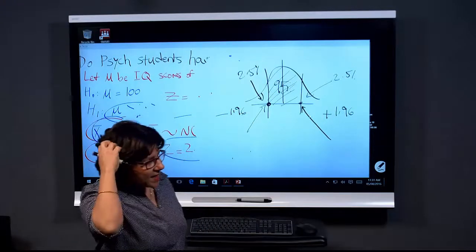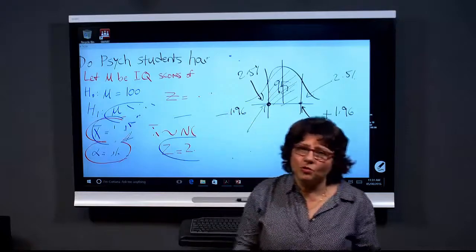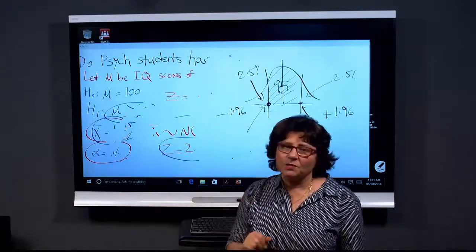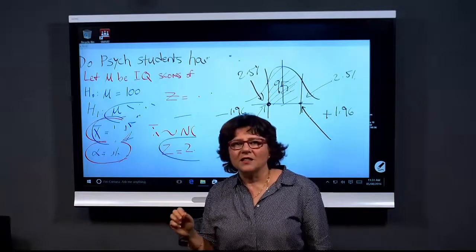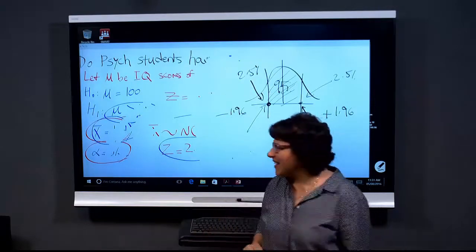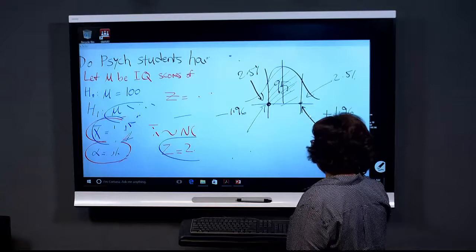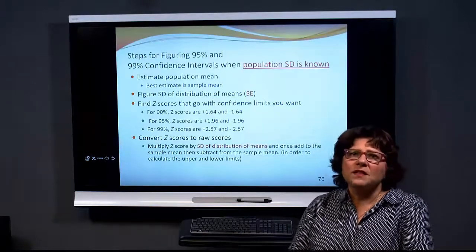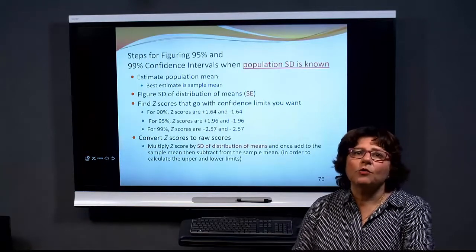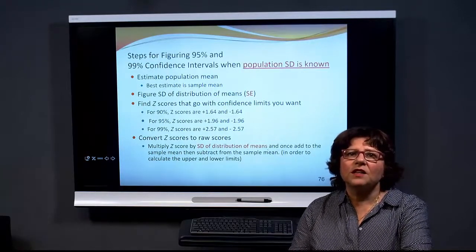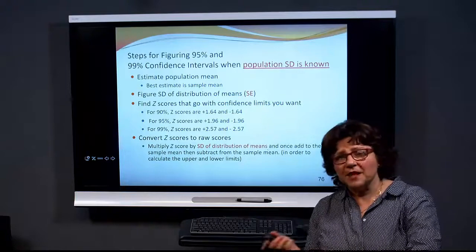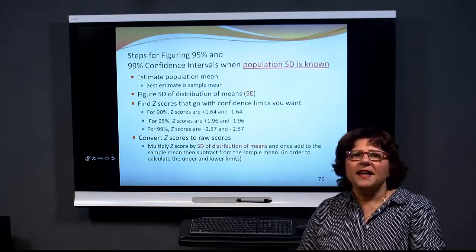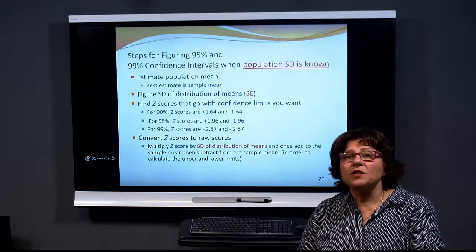All right. So in statistics, we cannot always work with rounding up, rounding down. We always go to 2 decimal places. So this 1.96 can't be 2. All right. When you calculate your confidence interval, you do it for 99% confidence interval when the population standard deviation is known. We estimate the population mean by getting the sample mean and then figure the standard deviation of the distribution of means.